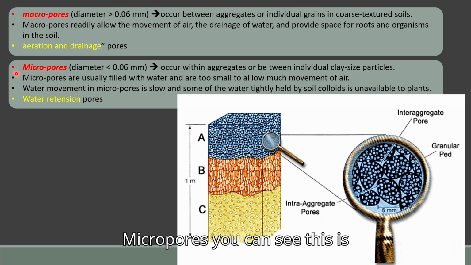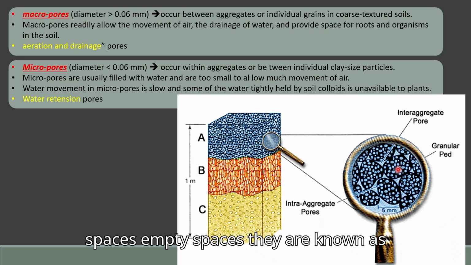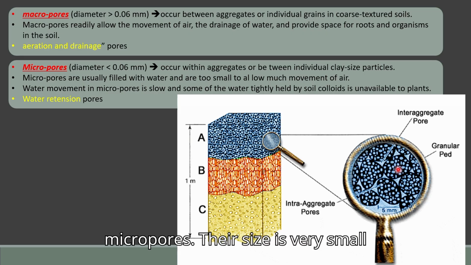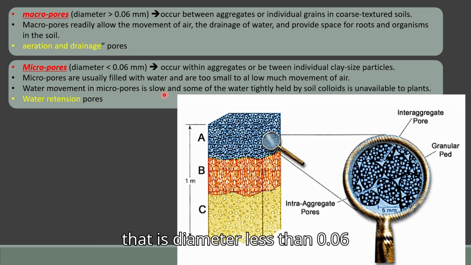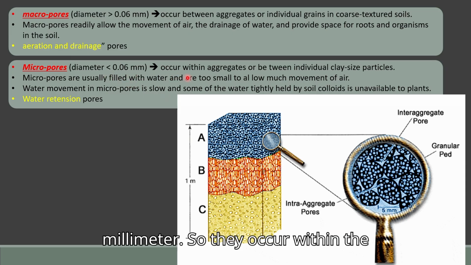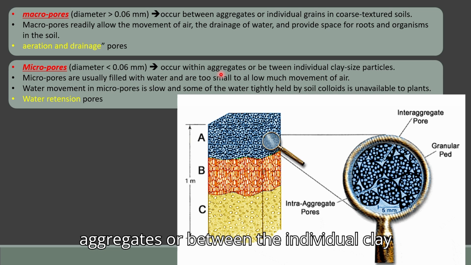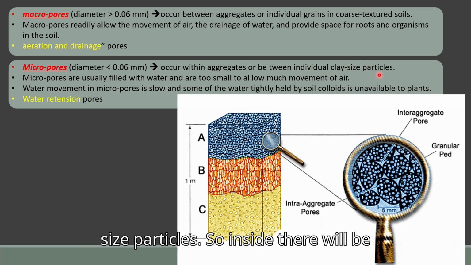While micropores, you can see this is an aggregate, and the empty spaces inside are known as micropores. Their size is very small, diameter less than 0.06 millimeter. They occur within the aggregates or between the individual clay sized particles.